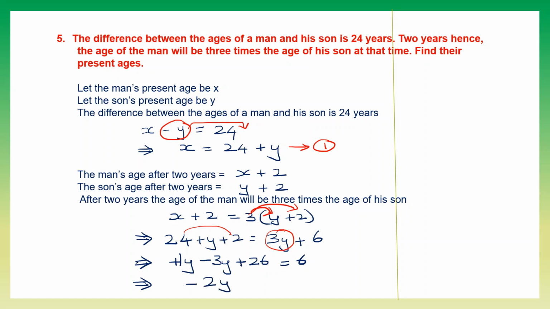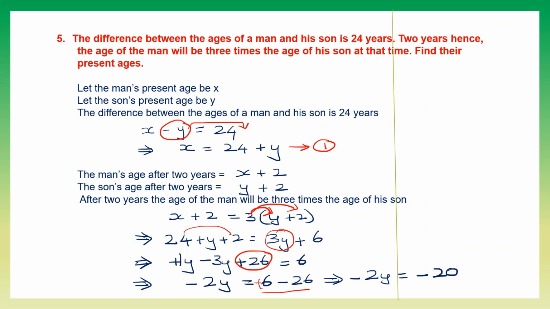Minus 2y will be equal to 6, and I'm going to transpose plus 26 to the other side. It will become minus 26. So that means minus 2y is equal to, now let's work out this, plus 6 minus 26. Signs are different, so put the sign of the bigger number and subtract. 26 minus 6 is 20.